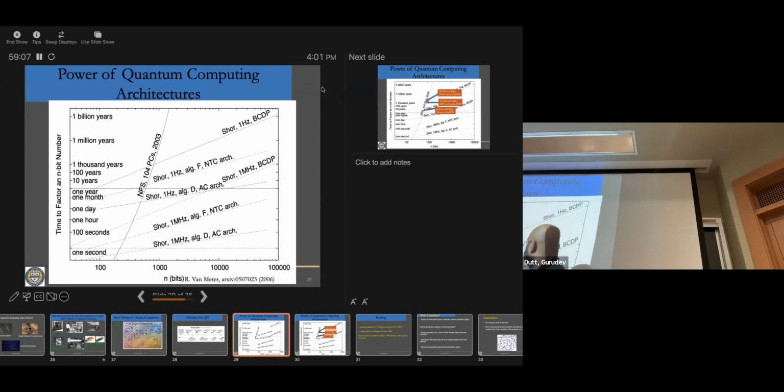And if I went a little bit faster, like a megahertz, which is quite reasonable for even current quantum computers, we're now down to less than an hour.